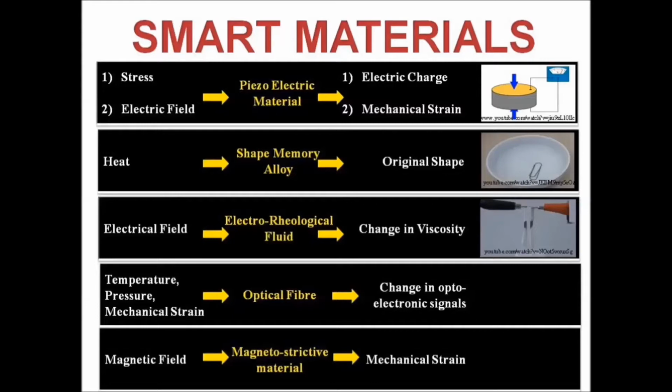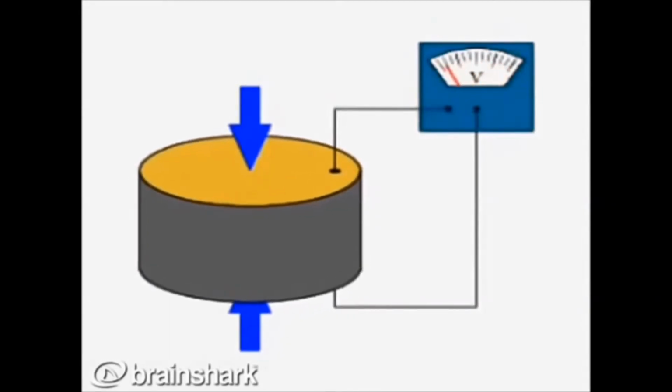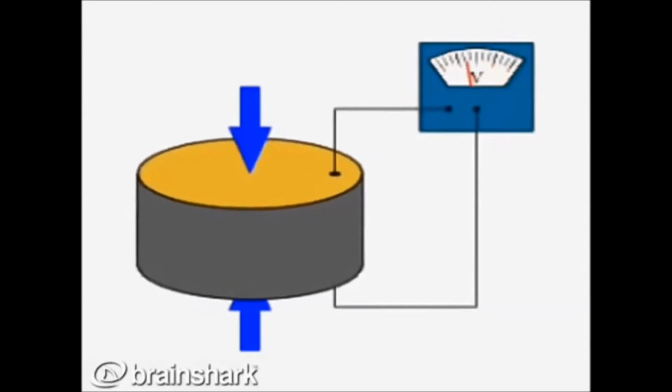So this will be more clear when we'll watch this. When this piezoelectric material is pressed, it is producing voltage. See, voltage is being produced. So on the other hand, if you apply voltage, then this piezoelectric material will get deformed. Right.